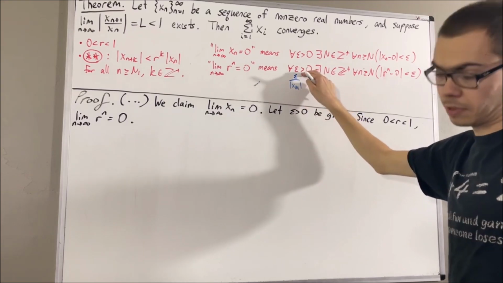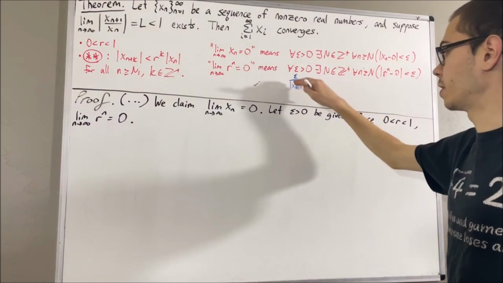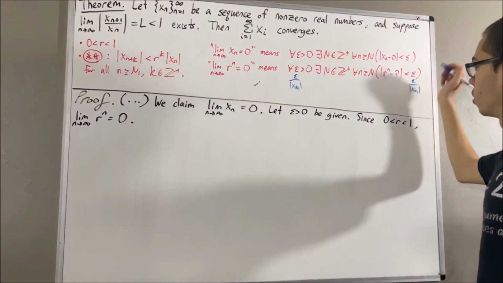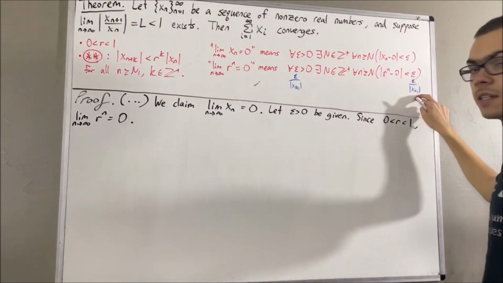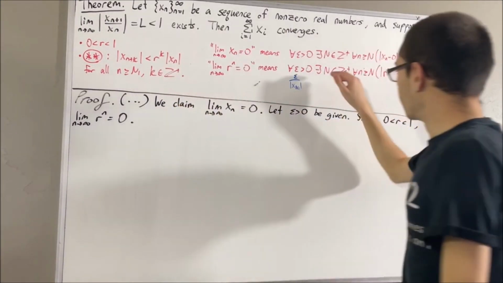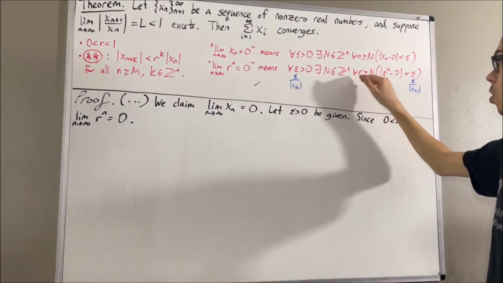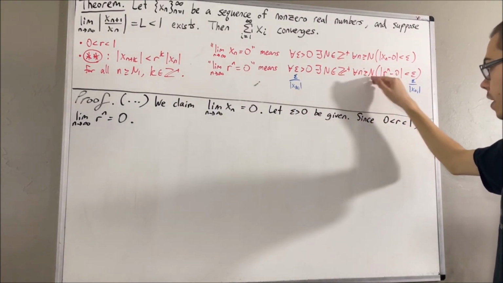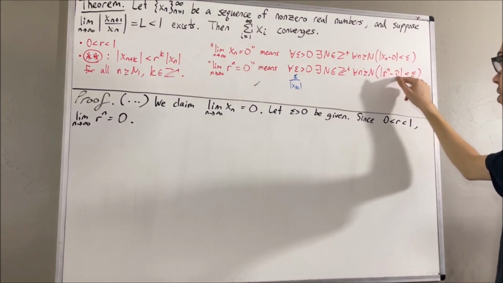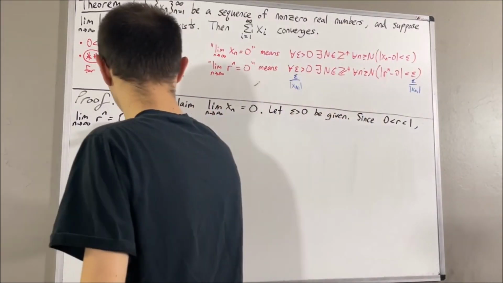So yeah, epsilon over absolute value of x_{N1} is positive. So taking epsilon to be this quantity, we have that this statement is true. So there exists a positive integer I'll call capital N2, such that for all n greater than or equal to capital N2, the absolute value of r^n minus 0 is less than epsilon over absolute value of x_{N1}.